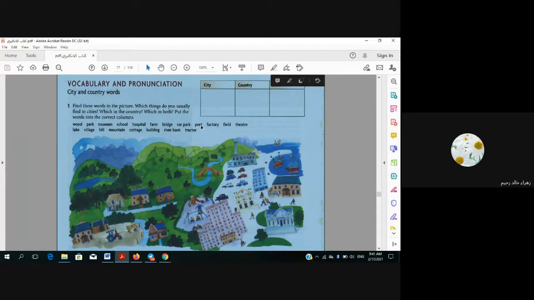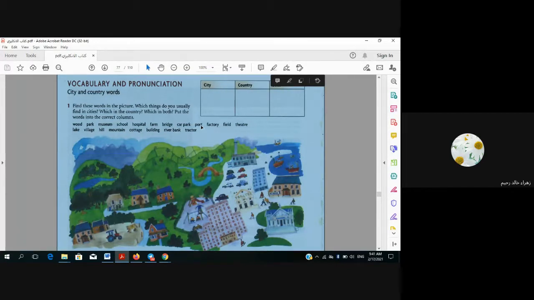Lake. In the country. Country. Village. In the country. Yes, in the country.